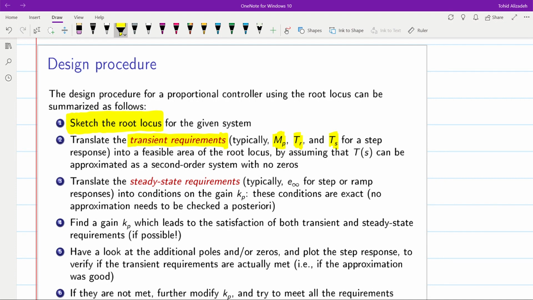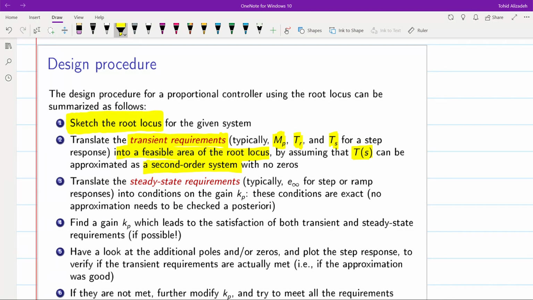We need to translate these transient requirements into a feasible area of the Root-Locus in the S-plane. And we will assume that the T of S, the closed loop transfer function of the system, can be approximated as a second order system without zeros.